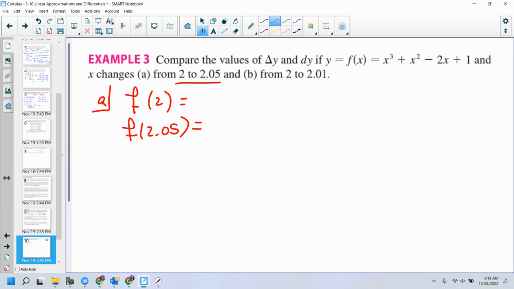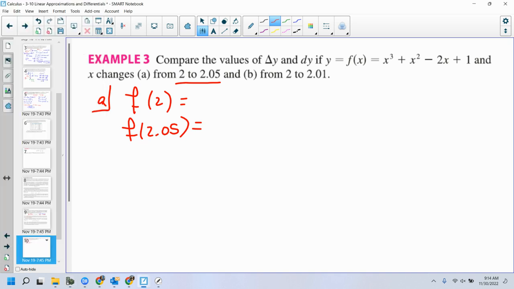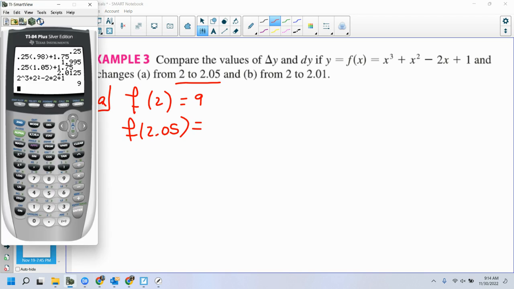If I plug in 2 to the third plus 2 squared minus 2 times 2 plus 1, that gives me 9. I probably could have done that in my head a lot quicker. What about 2.05 though?